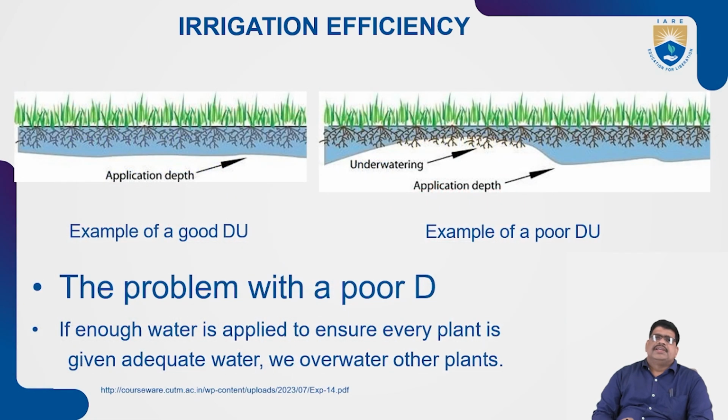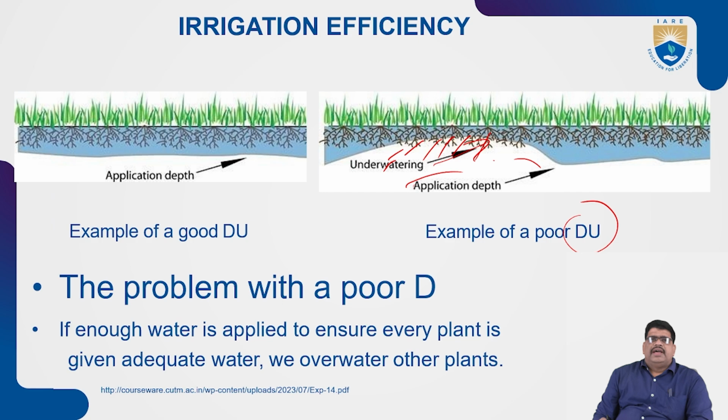Next, irrigation efficiency. One diagram is given to easily understand the root zone under underwatering, and cutting and scrolling of that one. The problem is with the application: ensure the plants get adequate water without overwatering the plants.